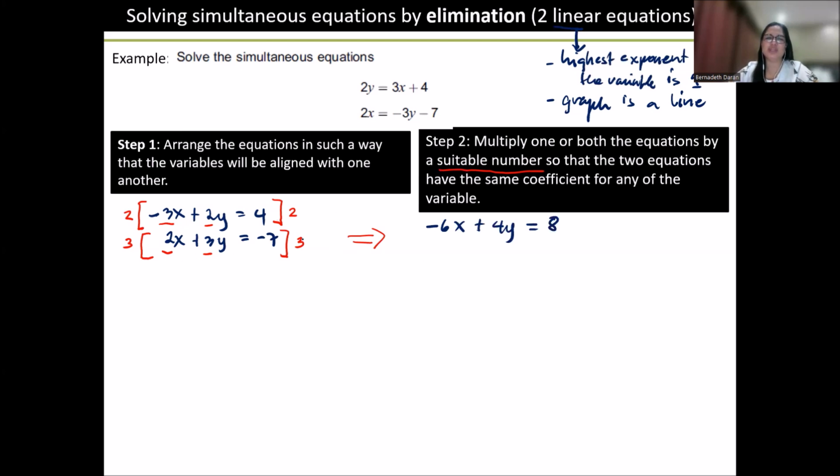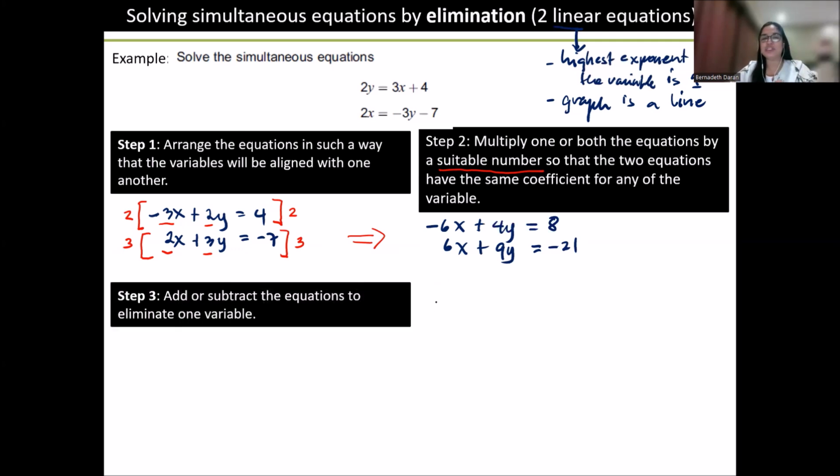And next we have 3 times 2x is 6x plus 3 times 3y is 9y equals -7 times 3, that's -21. So now the numerical coefficients of our x are the same.